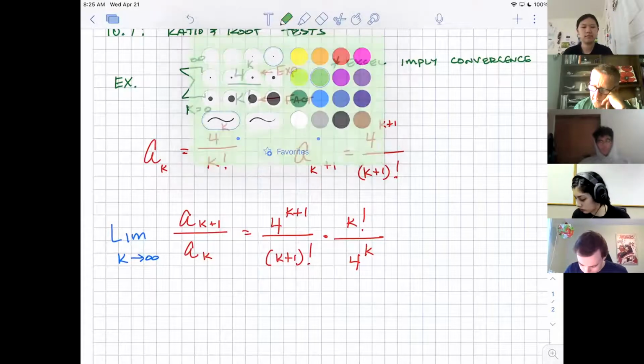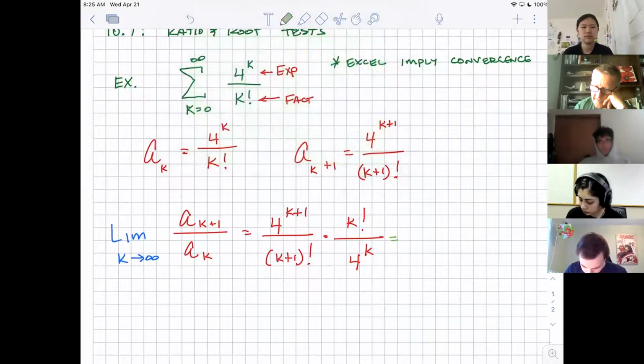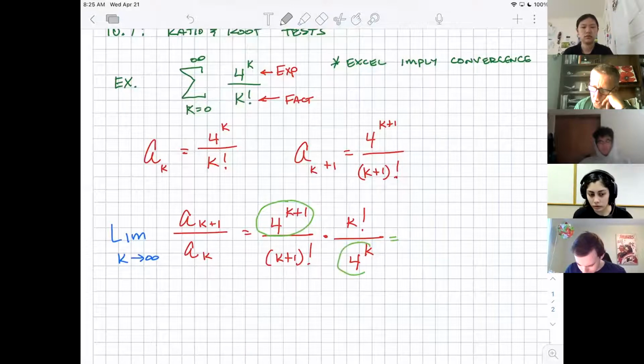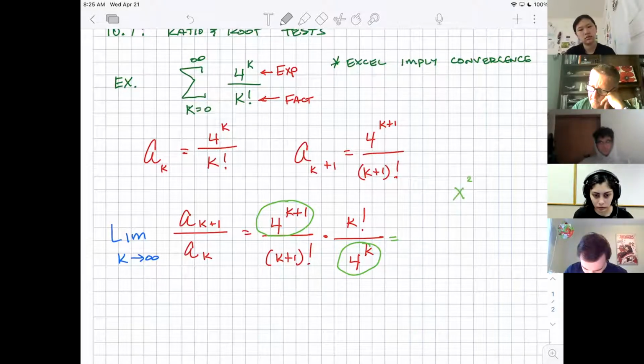First, how do I get these two talking to each other? Do you remember your exponent rules? If you had x to the second times x to the 5th, don't you get to add those?